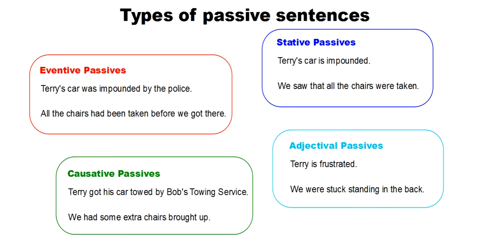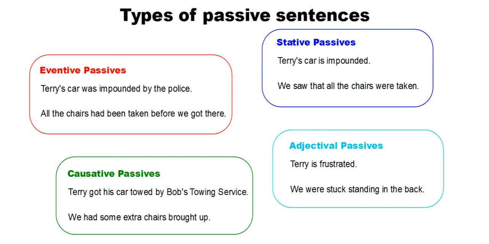The final type of passives are causatives. And causatives are special verbs. They can be active or passive. They're verbs that describe how the subject makes another subject do an action, usually used for services. Like in this first example, Terry got his car towed by Bob's towing service. He hired someone to tow his car.